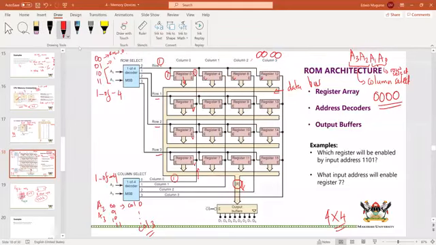And so if chip select is 0, it will enable this so that your information can appear at that output. But if it is 1, then the information will reach here, but it will not cross the buffers. Okay, is that clear?